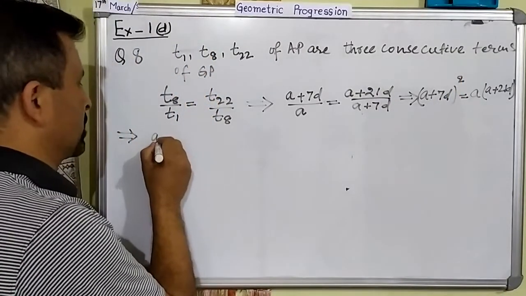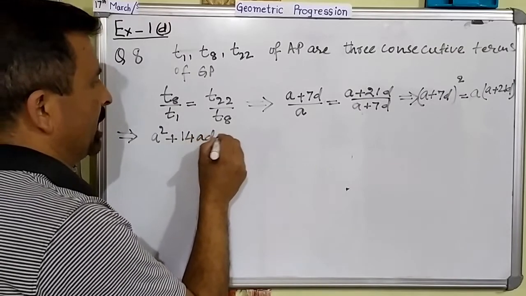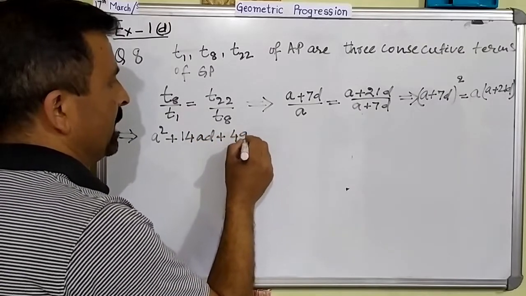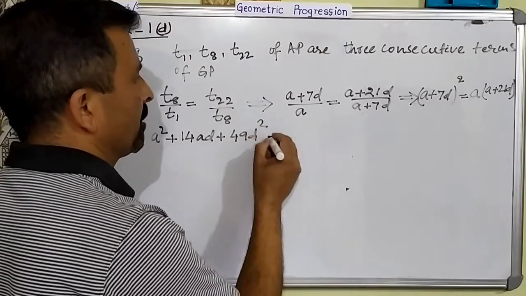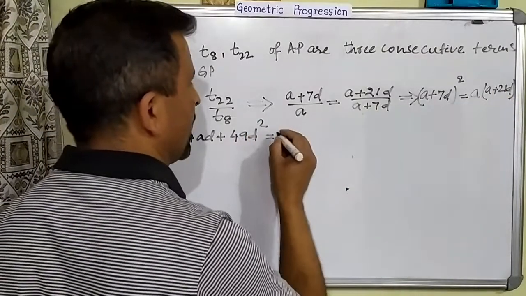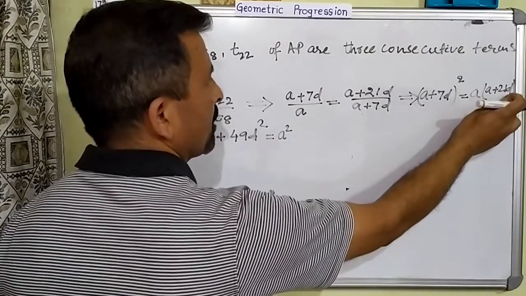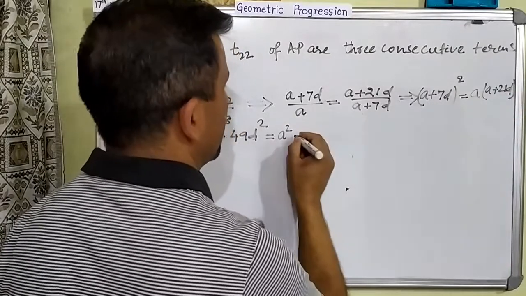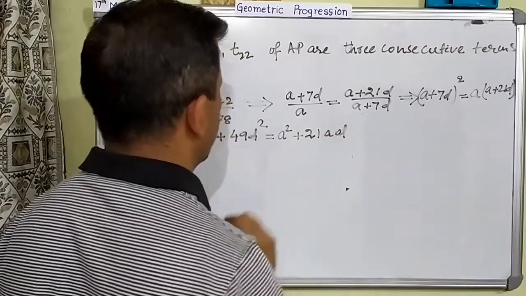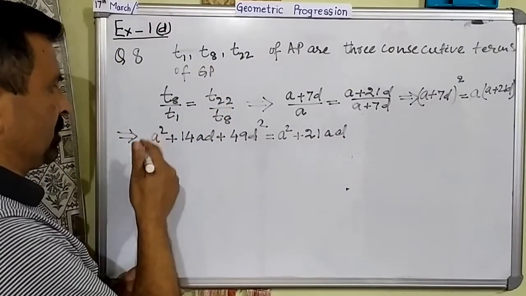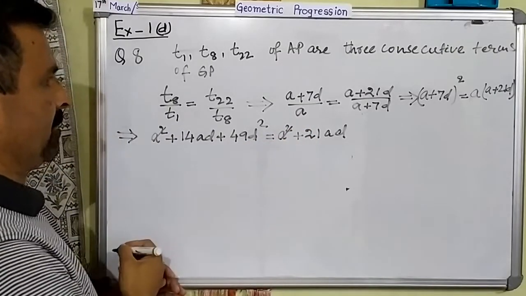Therefore it will become A square plus 14AD plus 49D square is equal to, on the right hand side, A into A, which is A square, and A into 21D, which is plus 21AD. Clear? Now after simplifying, you can see that this A square and this A square are cancelling.